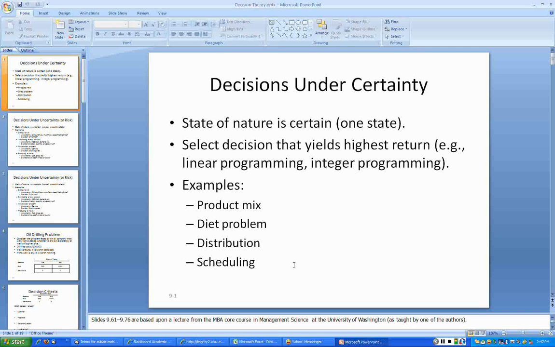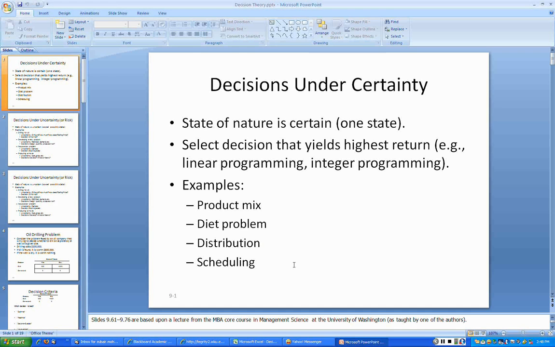So LP and project management, in some cases of project management, that when we get to that you would see, those are the instances in which the decision making are under certainty, like a product mix problem. So we know that out of these 5 different products that we make, what is the level of activity of those products that we want to make? We know that we are going to make out of these 5 products, but we are trying to determine which ones to make at the level of activity.